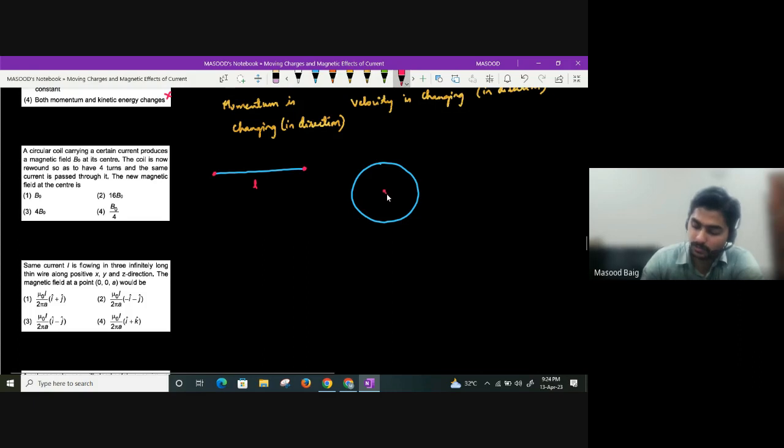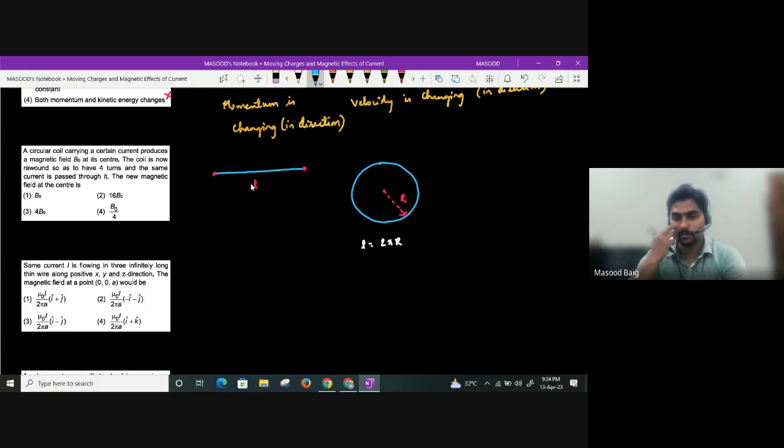Let us say its radius is capital R. So in this case, length I will write as 2 pi R. Yes or no, everyone? Now the same wire, I am converting into turns. How many turns am I taking? I am taking 4 turns such that the radius of each turn is small r, beta.